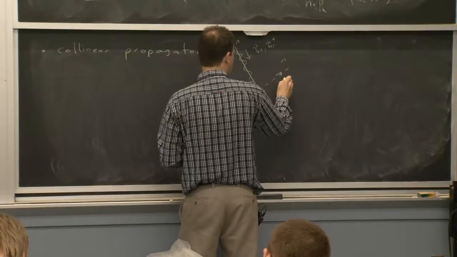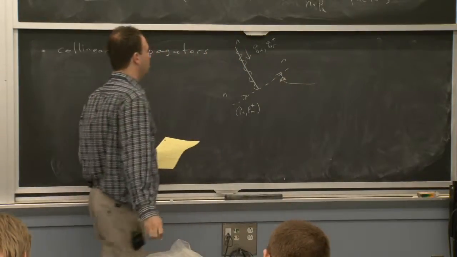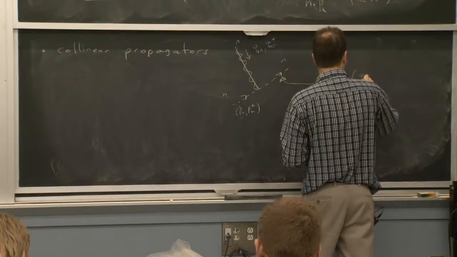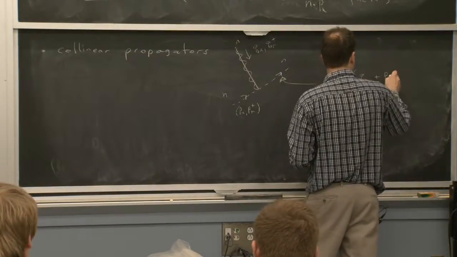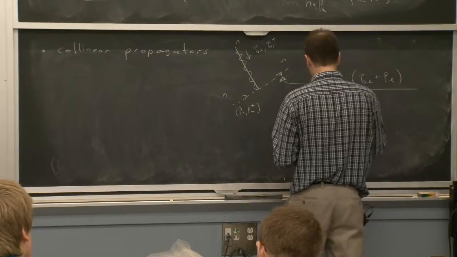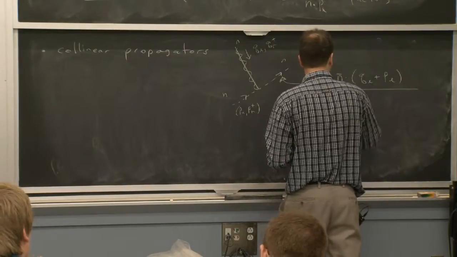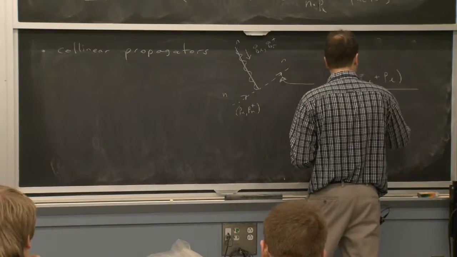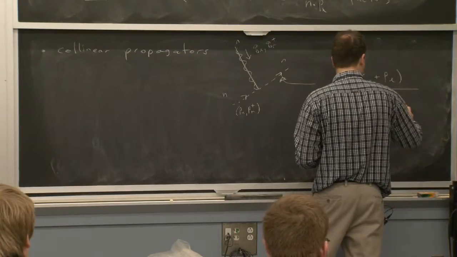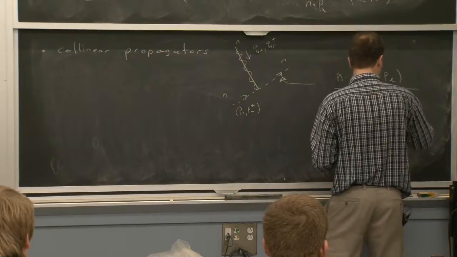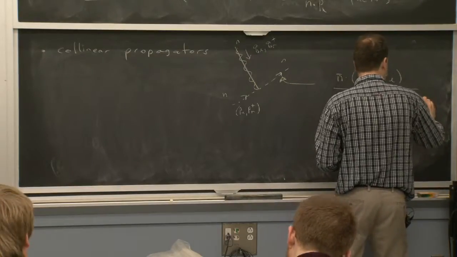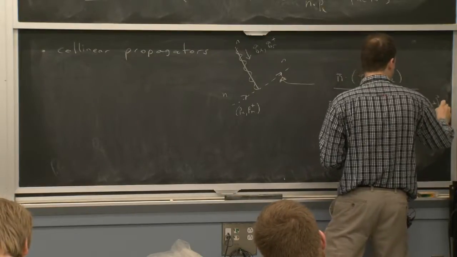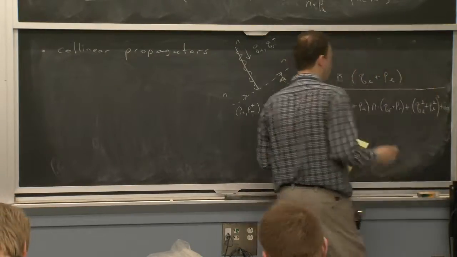Then if you look at this and ask what that propagator is, it comes out exactly how we want it to come out. So there's nothing that gets dropped in the denominator in particular, in the sense that all components of the momentum are showing up.